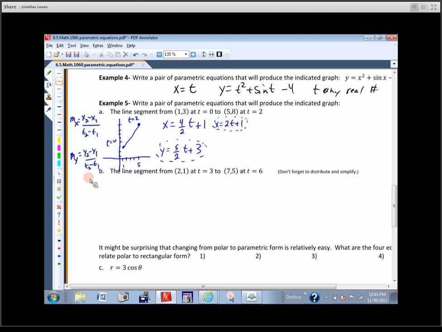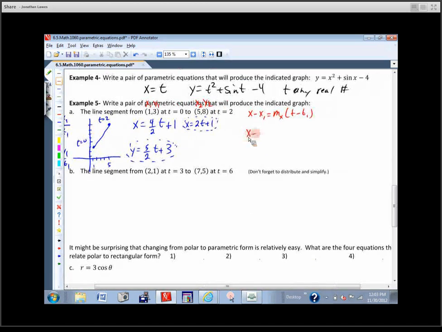Now, this is going to look like I'm making things way more complicated than it has to be. An equation for x would be x minus x1 equals the slope for x times t minus t1. Here's x1, y1. Here's x2, y2. So I'm going to do x minus, what's x1? 1.